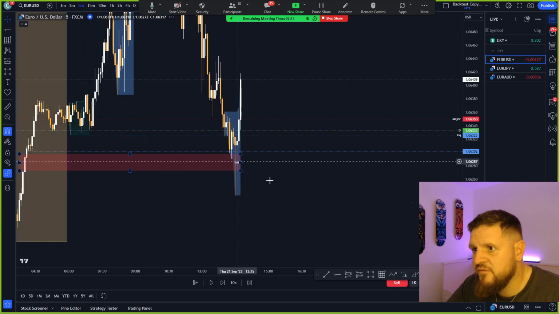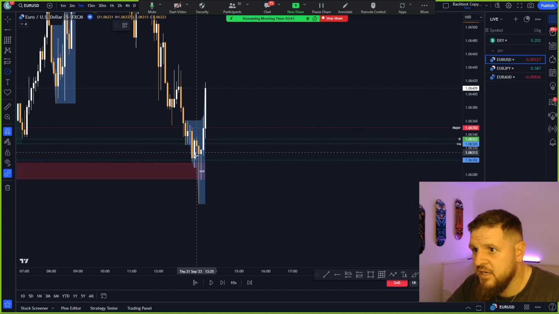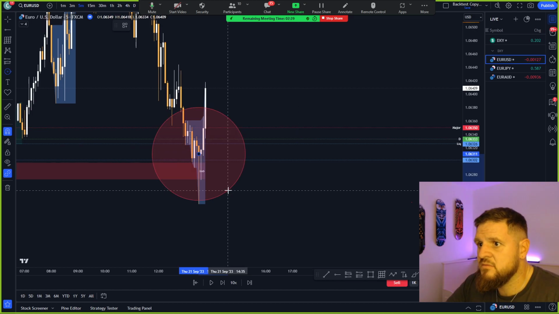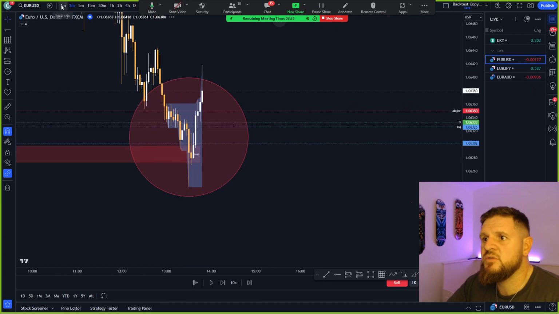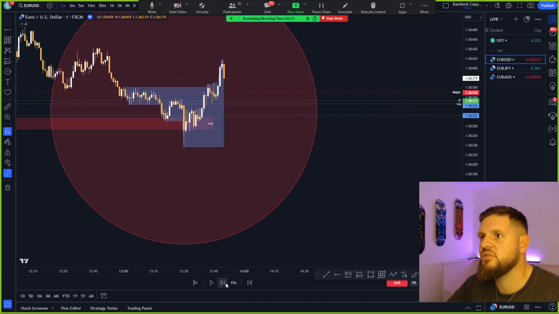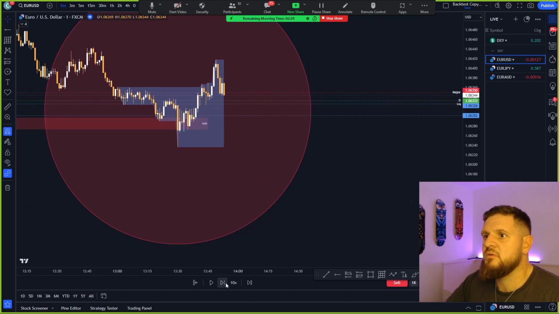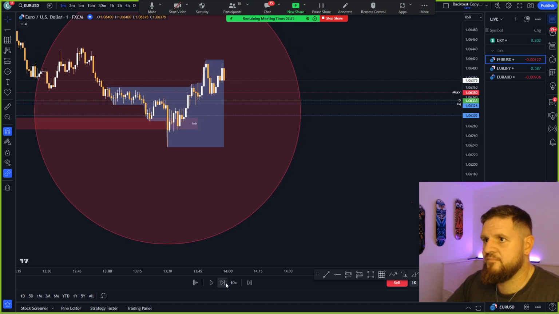If I jump to our 5-minute time frame, this formation here is our ISC. It's quite a big one, as you can see, but lovely wick rejection on there. So we're happy with that. And now, for me, I'm just looking for an excuse to go long. I want a sweep there. Did we get one?